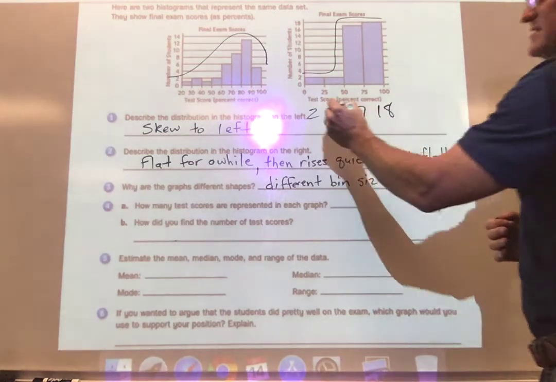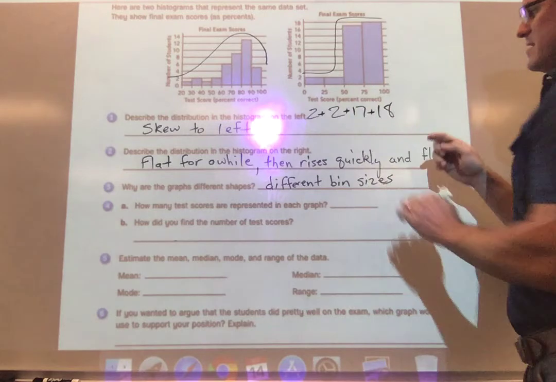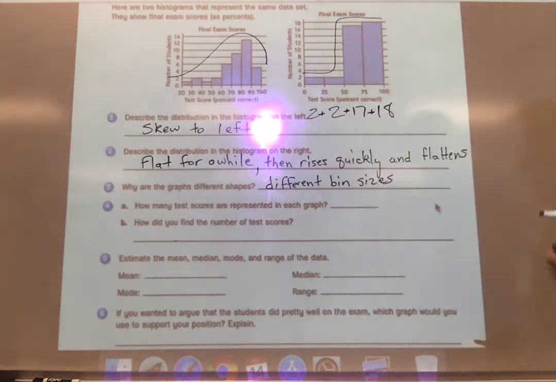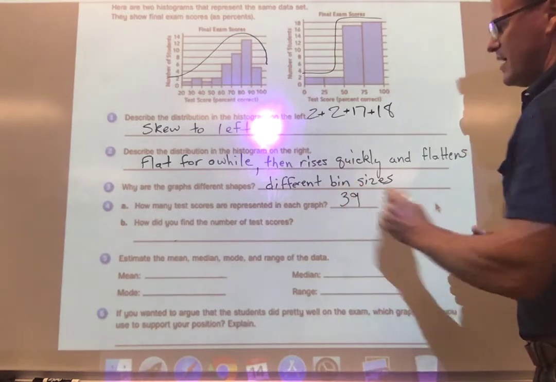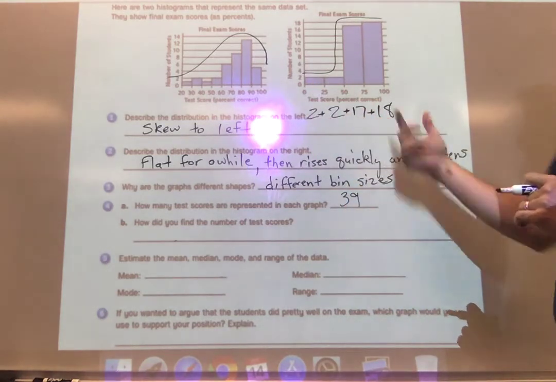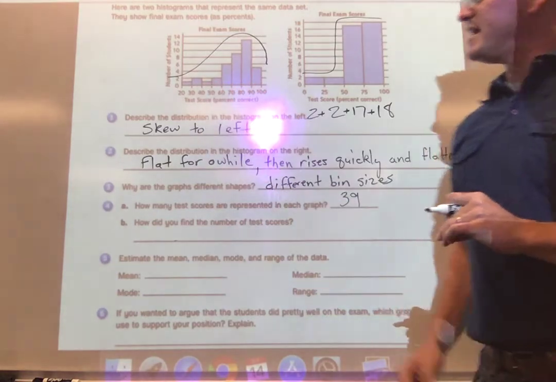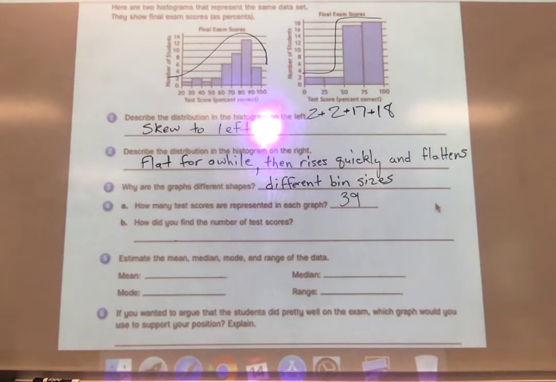So we could add all these up. And I'll just do 18 plus 17 first is 35, and then 4 more is 39. I like to do it with these bigger bins because it's less numbers I've got to add up. If I did this, I'd have all these different bins to add up. If you did that, you'd get the same thing though. There are 39 test scores of kids represented here in these graphs.